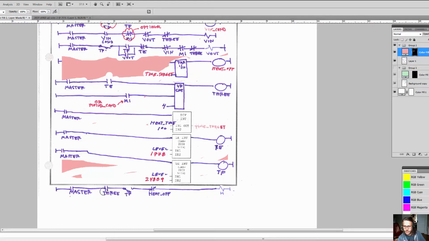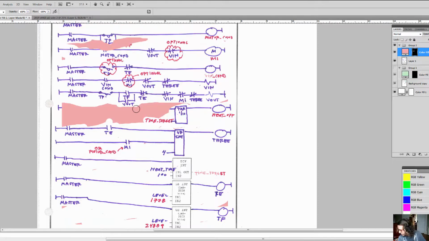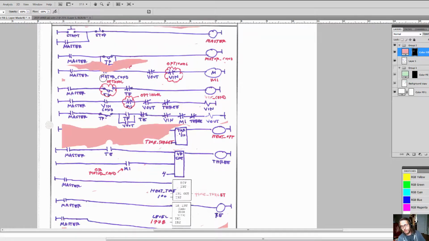So the heater's activated when your tub's in position, you've got 3 drains, and it's going to continue until heat off. So the last part of this is what goes in front of the timer. Well, I've also got this reset. So what activates the timer? When does the timer start? The timer starts after you've completed 3 drains.